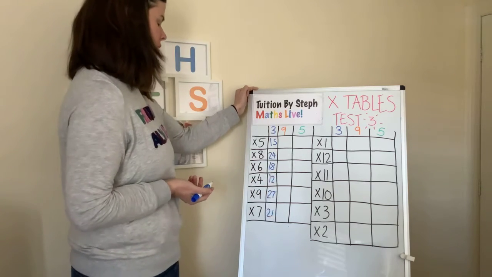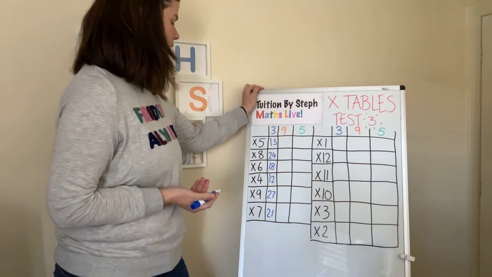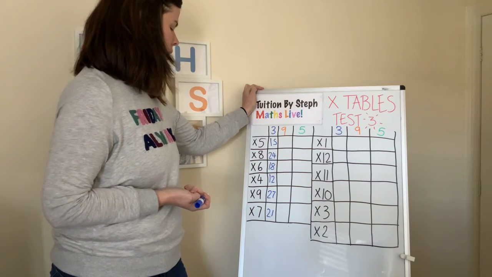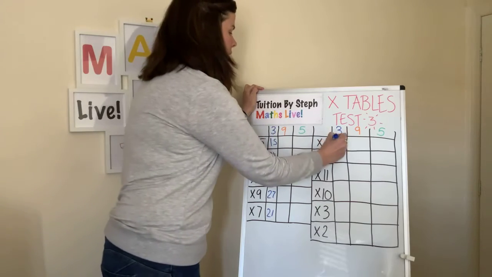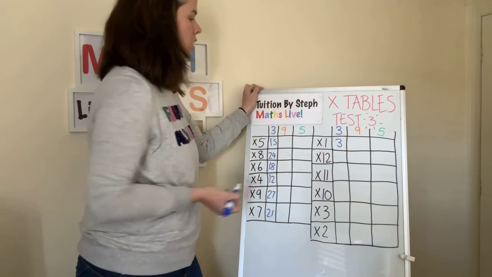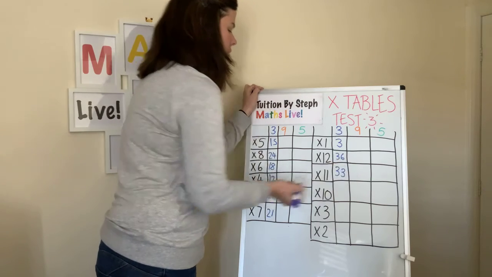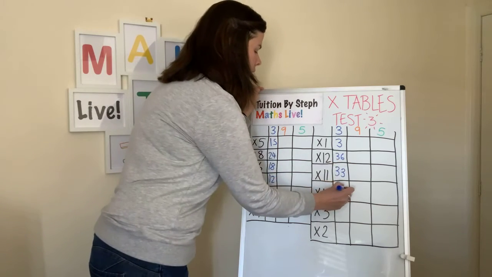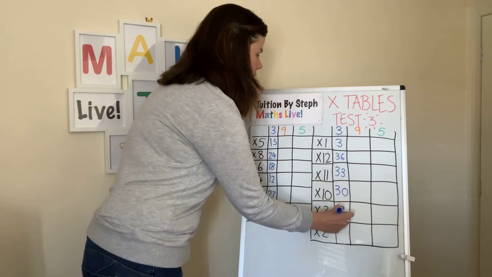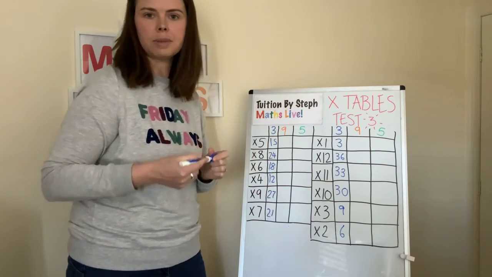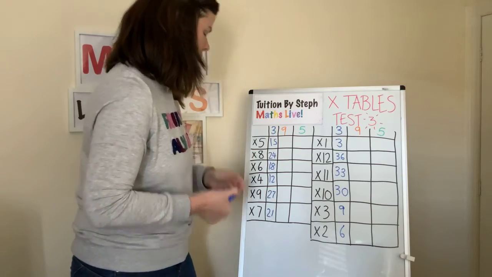So I've done those so far: 15, 24, 18, 12, 27 and 21. Obviously 1 3 is 3. 12 3s are 36. 11 3s are 33. 10 3s are 30. 3 3s are 9. And 2 3s are 6. So well done if you got those.